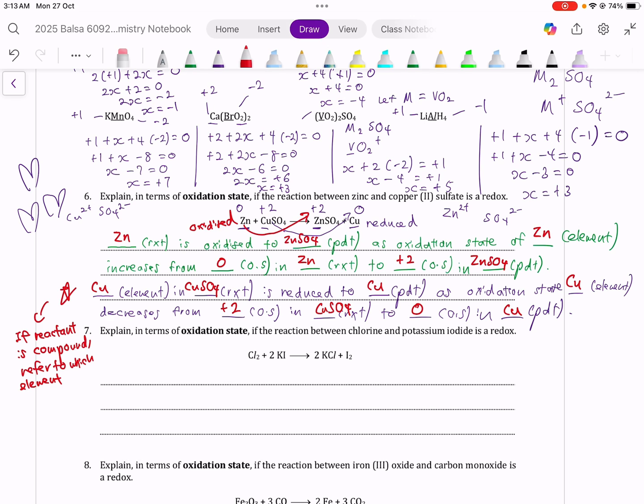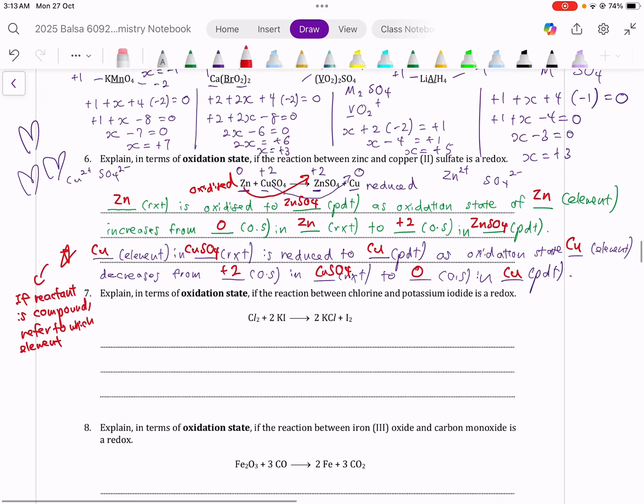Then of course the last part, not much space you can put in: as oxidation and reduction occur simultaneously, reaction is a redox. I ran out of space, next time I must give more lines.